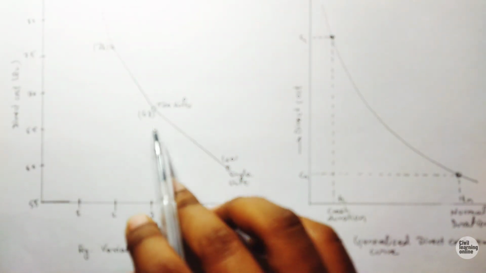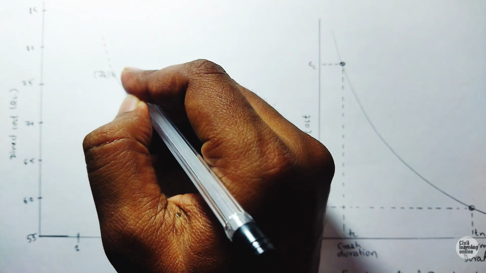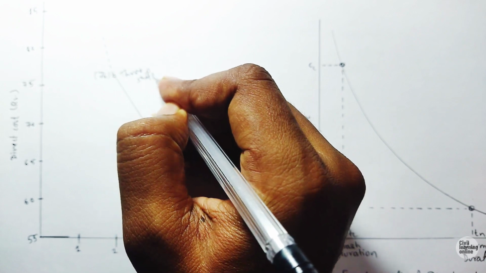Similarly, when they work for the 2 shift system it took 68 rupees, and when they work for a single shift, it cost 60 rupees. So when our duration is decreased, our cost has increased.